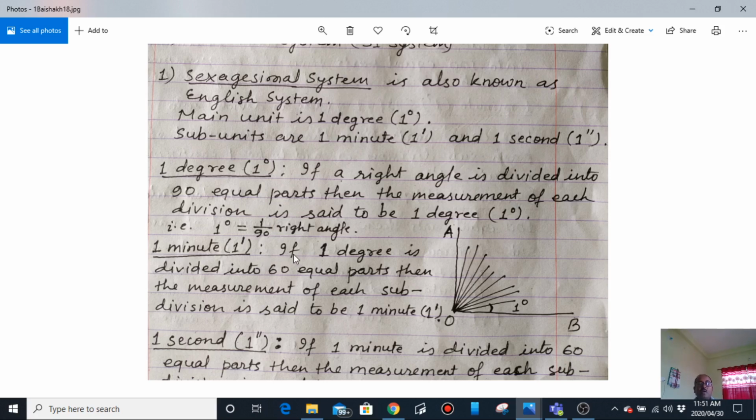If 1 degree, see how small it is, is further divided into 60 equal parts, then the measurement of each subdivision is said to be 1 minute. Here it was 90, now it is 60. If a degree is divided into 60 equal parts, one division is said to be 1 sexagesimal minute.